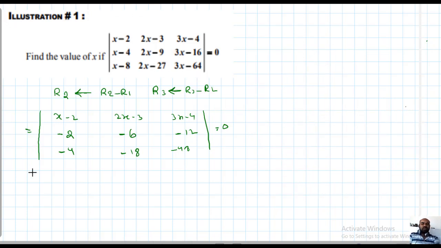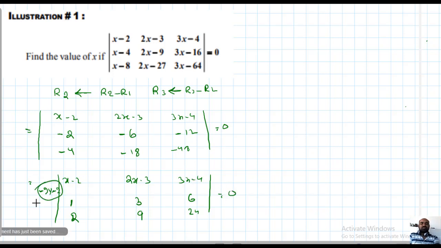So next step of the problem: first row as it is, x minus 2, 2x minus 3, 3x minus 4. Next row is 1, 3, 6. Then 2, 9, 24. So what I have here is minus 2 into minus 2 equal to 0.